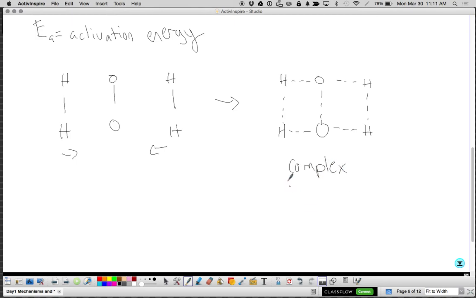which is very unstable, meaning high energy. And this complex has a special name. It's the activated complex.